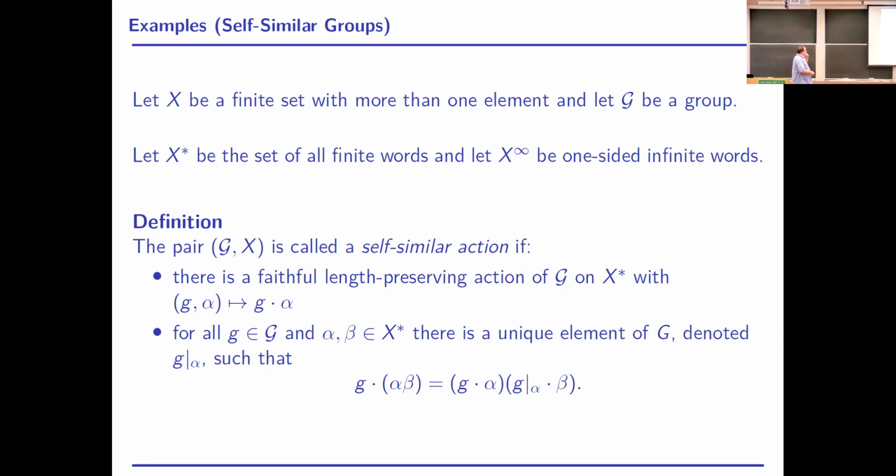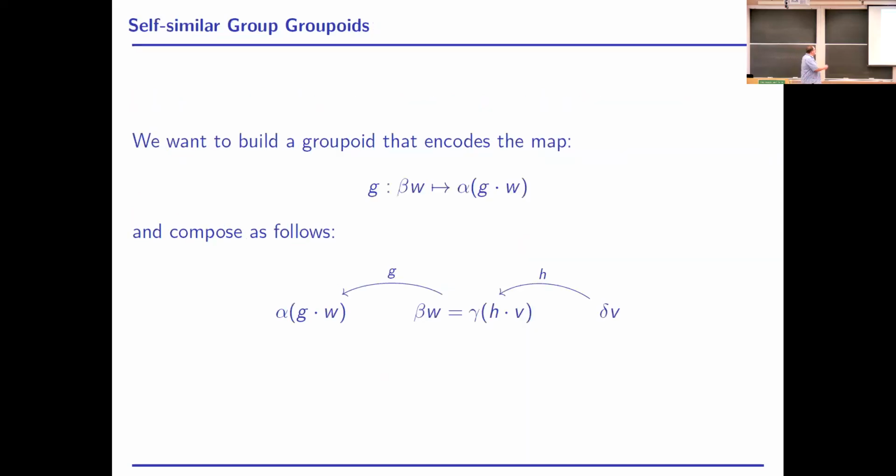Now, we'd like to turn this into a groupoid, and ideally, we'd like this thing to give us a C-star algebra that's purely infinite simple. So what sort of groupoid do we want? We want to build a groupoid that encodes the map from βW maps to α of g·W. So it takes an infinite word and does the action of g on it, and you've got two chosen prefixes that are just left alone.